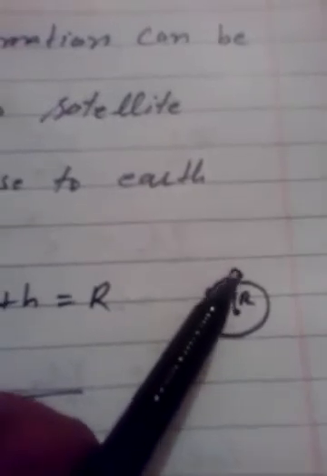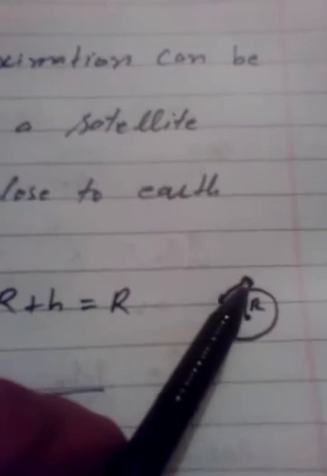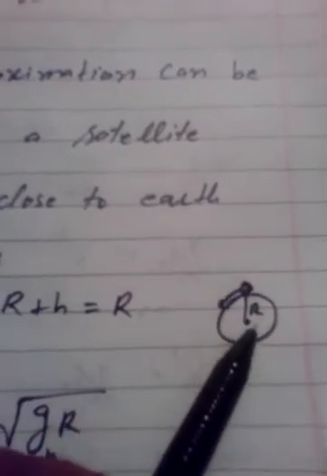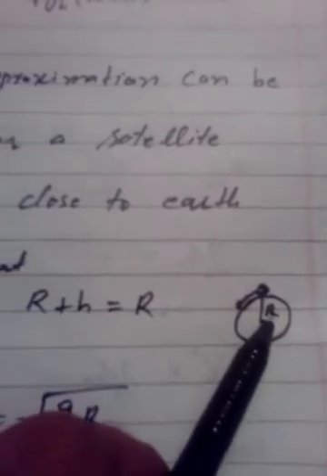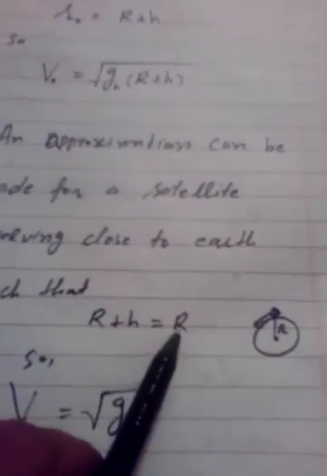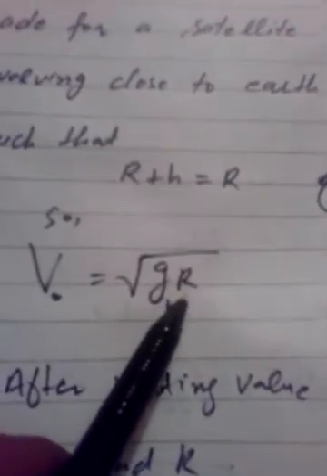If the satellite is moving close to the surface of the earth, then its height becomes 0, and its distance from the center of the earth will be equal to the radius of the earth. Then R plus h is replaced by only capital R, and this formula will become v naught equal to root gR.